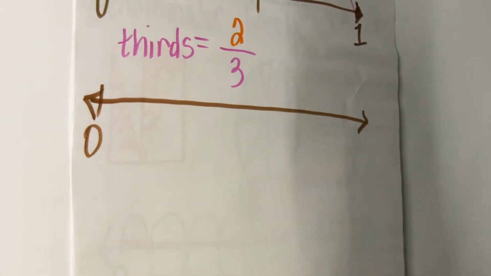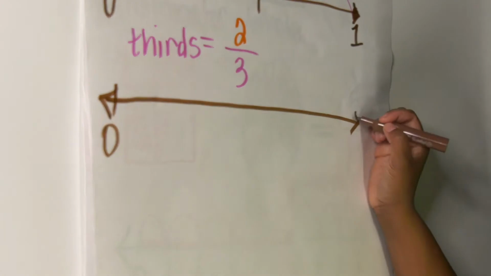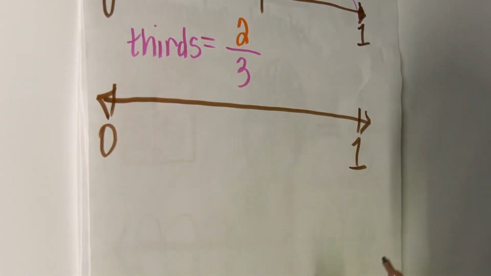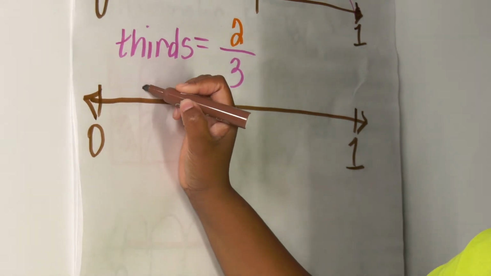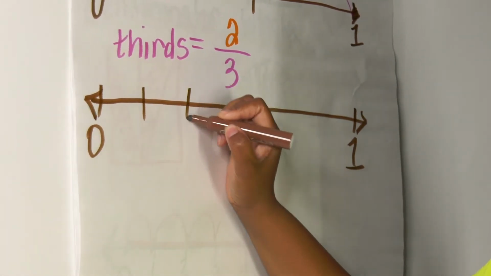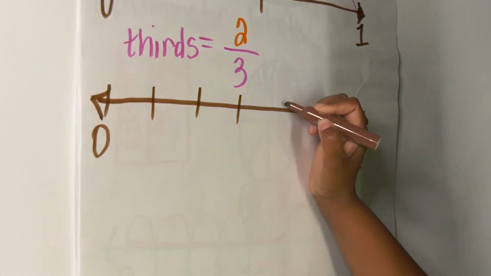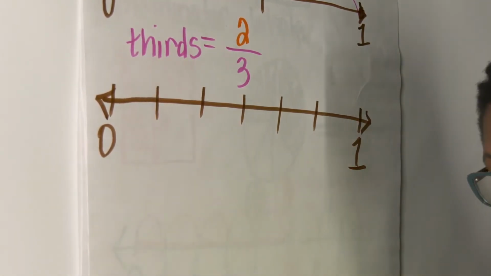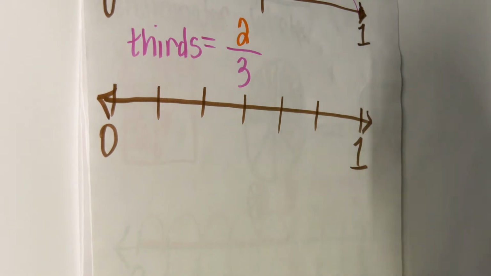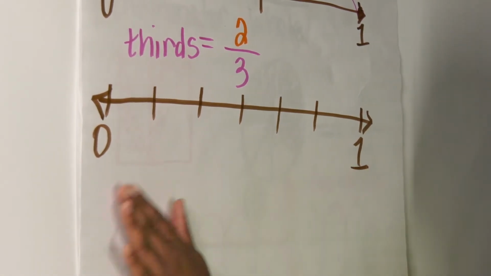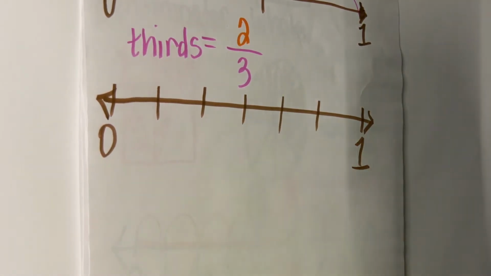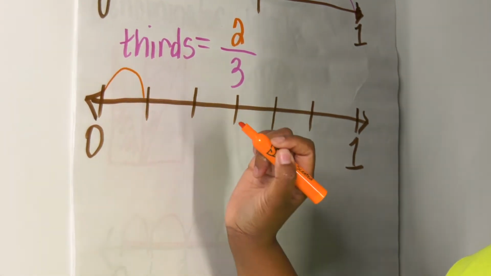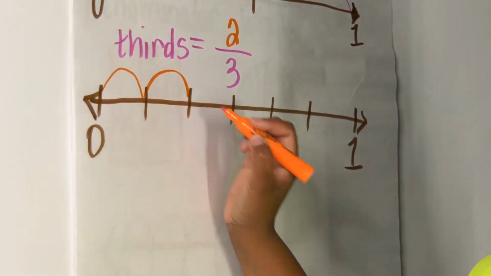Zero. Sometimes there's a tick mark, sometimes there's a dot. 1 whole. Okay, so in this fraction, we want to figure out what this fraction is split into. What is my denominator? So we're going to hop 1, 2.